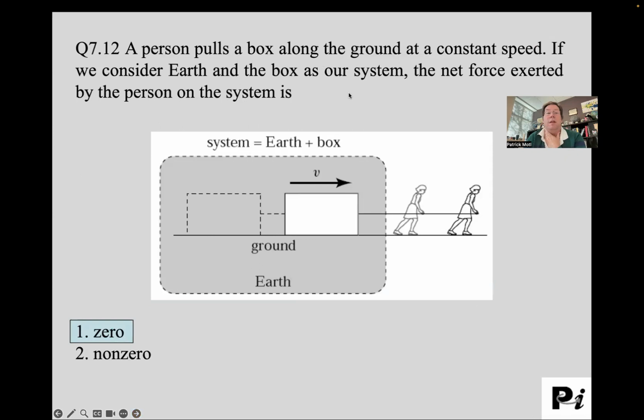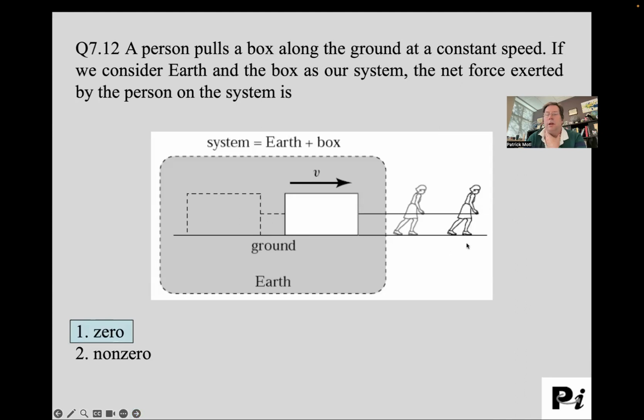All right, so the net force exerted by the person on the system is zero. Why is that, or how can you see that? So the person is pulling on the box to the right, and to do that, the person is exerting a force of friction on the ground to the left, going at a constant speed.